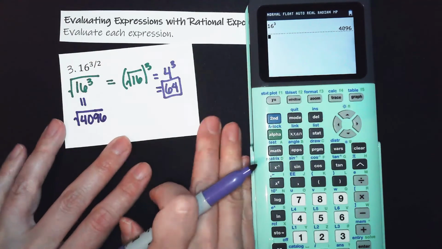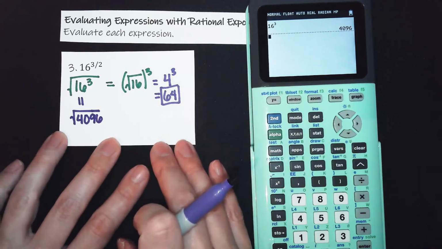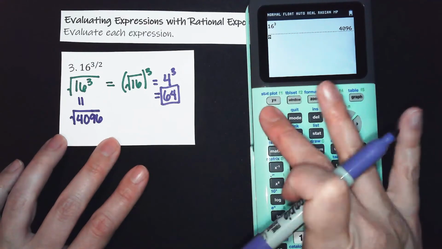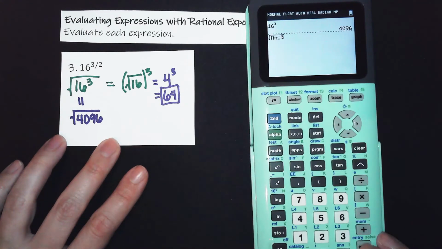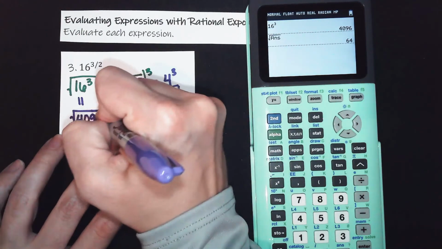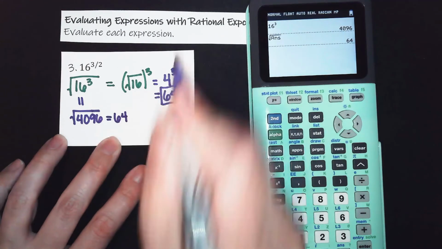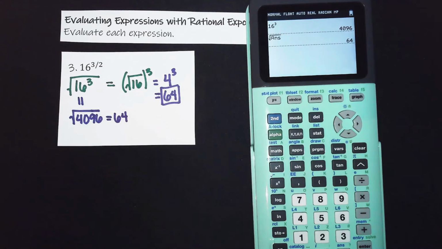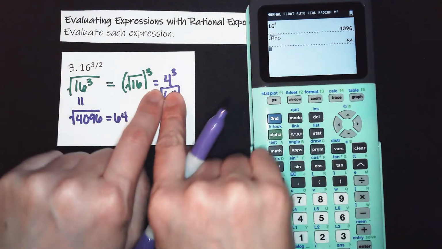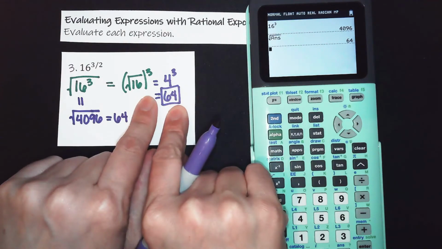Now I don't know the square root of 4,096 off the top of my head, so again I'd have to use that calculator. Square root of that answer, and I get 64. You should get the same thing because that is the answer. But this way, I have to use the calculator, or it's going to take me a really long time. This way is very fast and quick without the calculator.